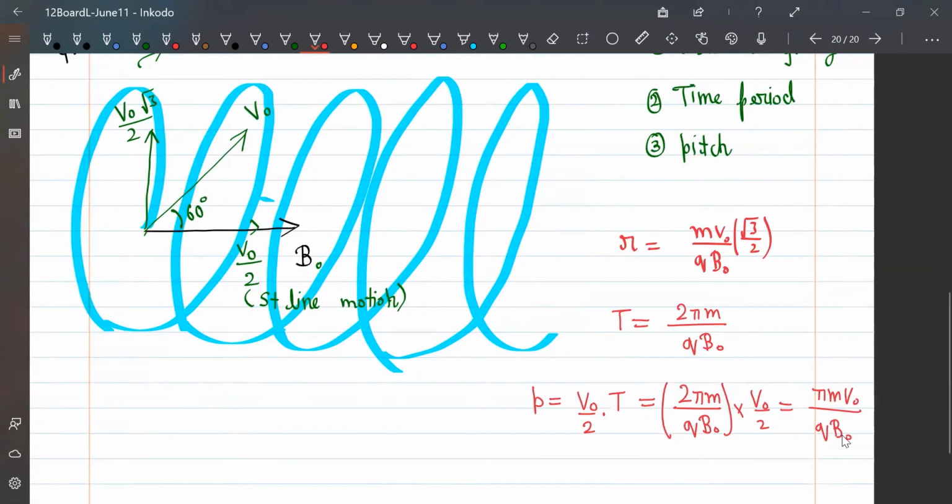All right, any questions about this? Sir, what will the force be in this case? The force will be just q v cross B. That will be q v B sine theta.